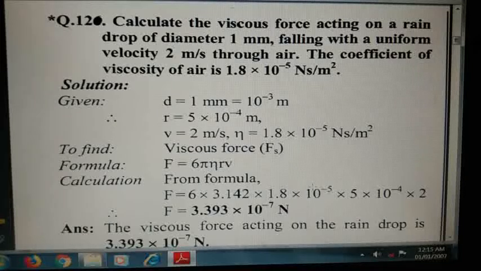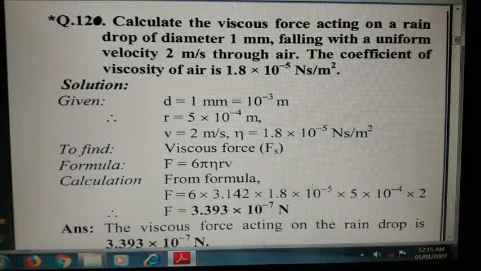Velocity is given as 2 meter per second. The coefficient of viscosity eta is given as 1.8 into 10 to the power minus 5 Newton second per meter square. We have to calculate the viscous force. We know the formula for viscous force is 6 pi eta r v. When we substitute the values in this formula, we get viscous force F equal to 6 into 3.142 into 1.8 into 10 to the power minus 5 into 5 into 10 to the power minus 4 multiplied by 2.